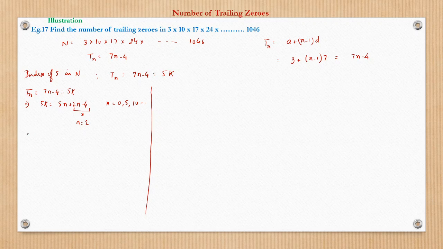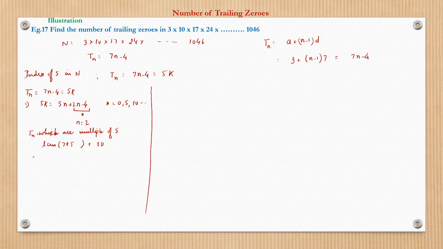So I get the first term as 10, and then the general term Tn, which are multiples of 5, is given by LCM of 7 and 5 plus I substitute n is equal to 2 here, so I get 7 times 2 minus 4, which is 10. So this becomes the smallest remainder.